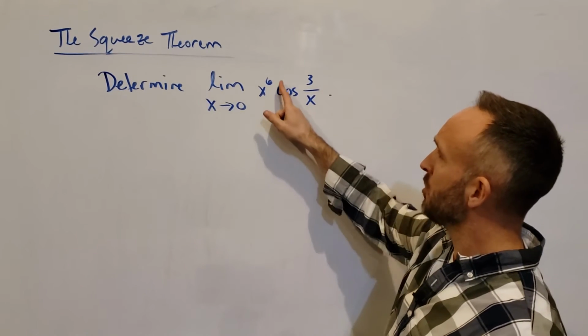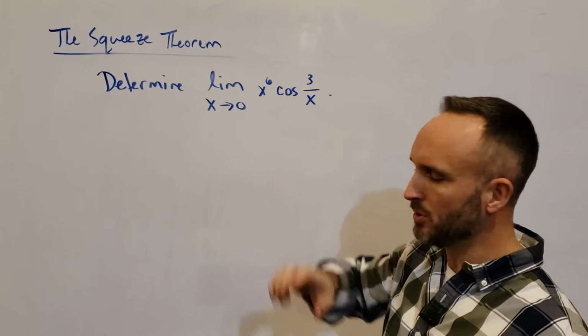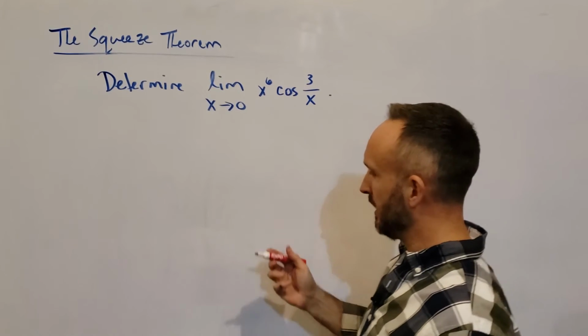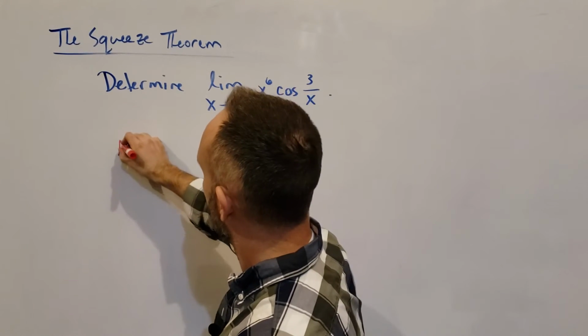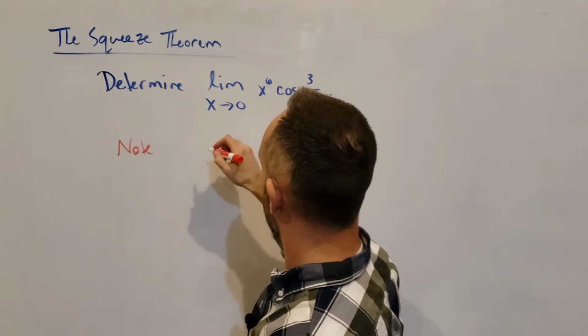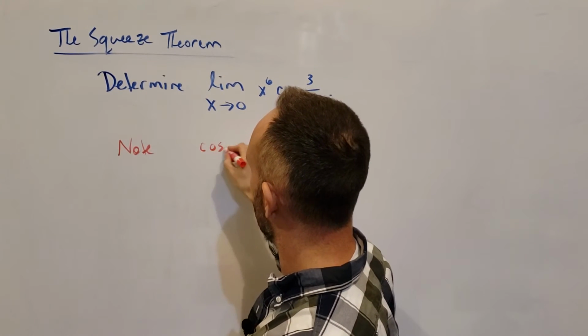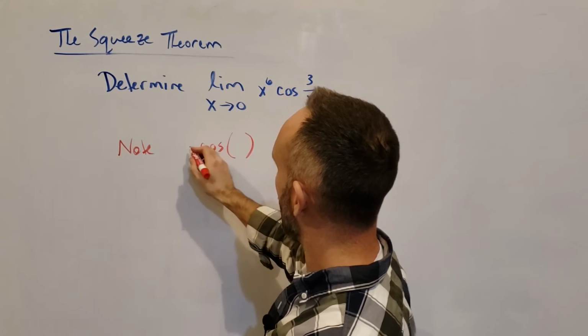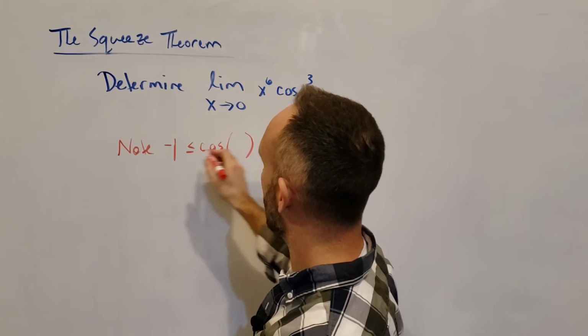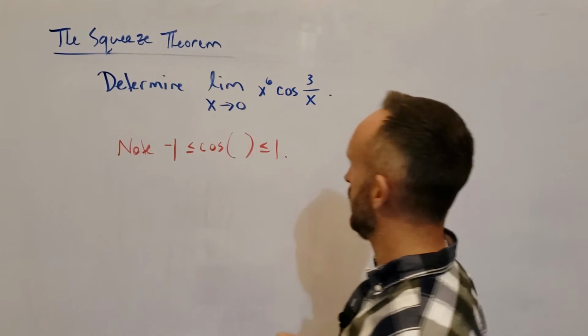But the cosine function and the sine function, both of them, have this interesting property that you should be familiar with from sine and cosine graphs. If you take the cosine of anything, it's always between -1 and +1, okay?